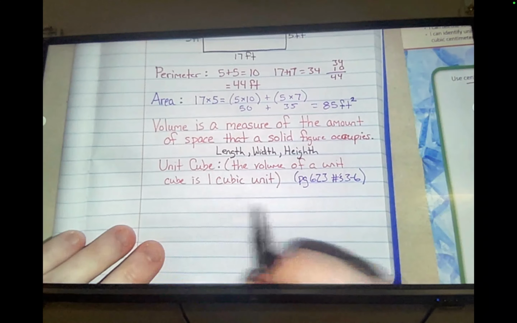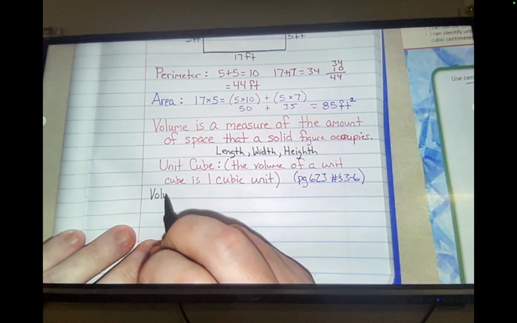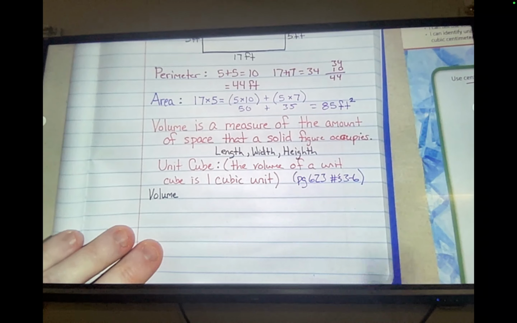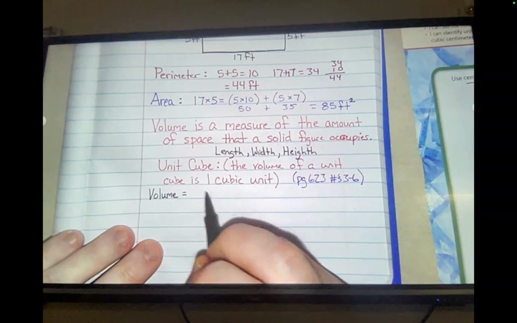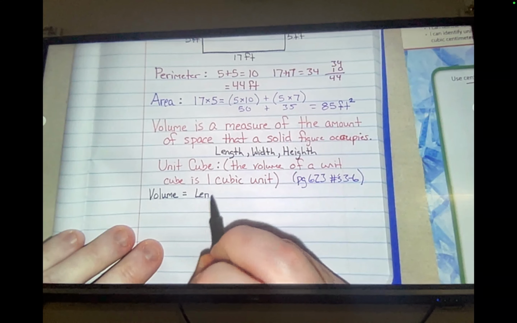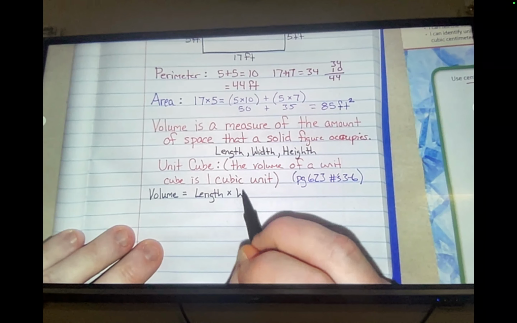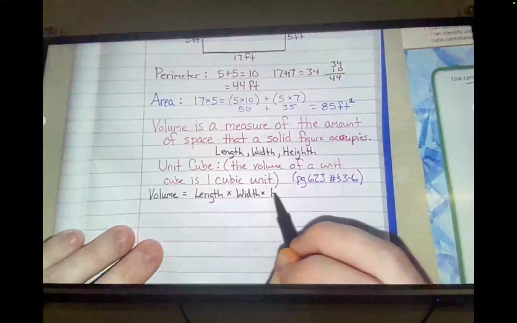So for volume, the formula for volume equals length times width times height.